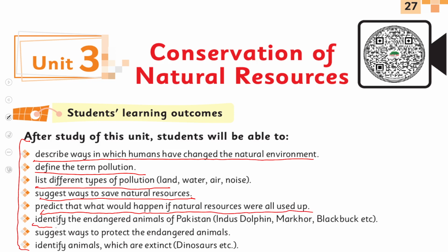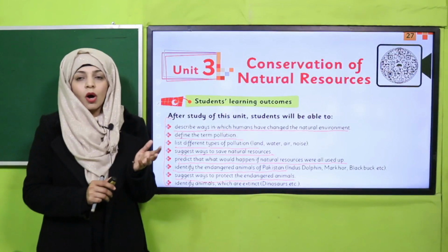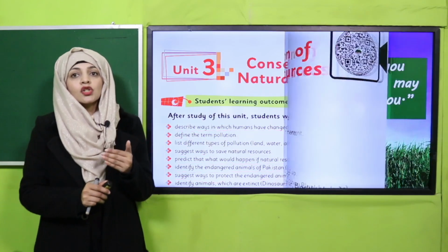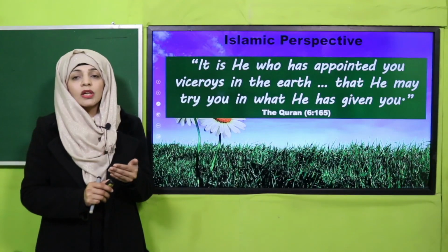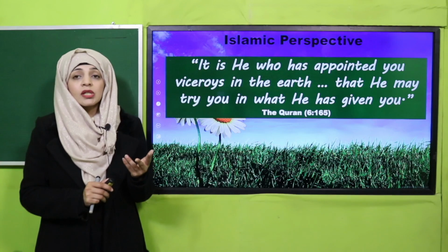We also identified the endangered animals of Pakistan. We suggested ways to protect the endangered animals, and we also identified animals which are extinct. So my dear students, we have covered all the objectives of this unit. So today I will do the revision of these so that we will move towards the assessment.